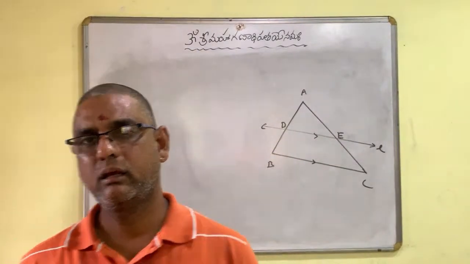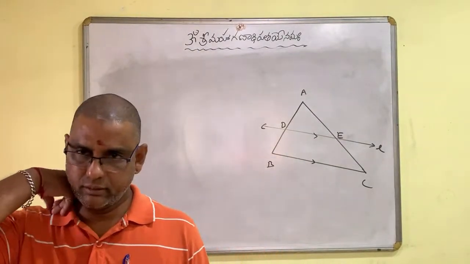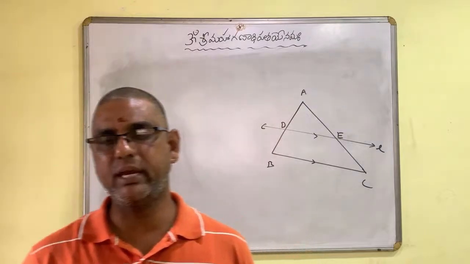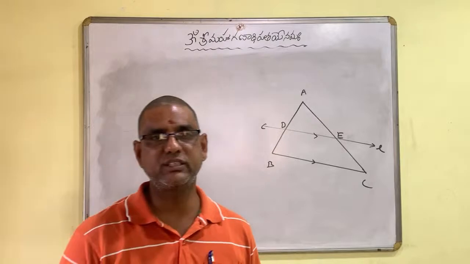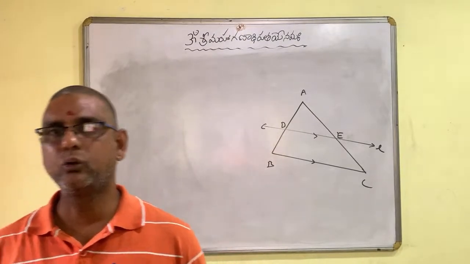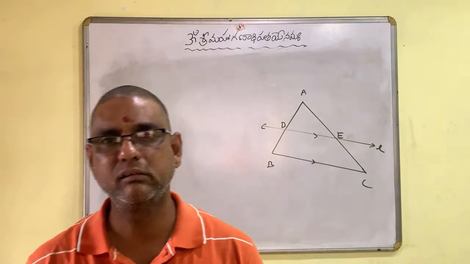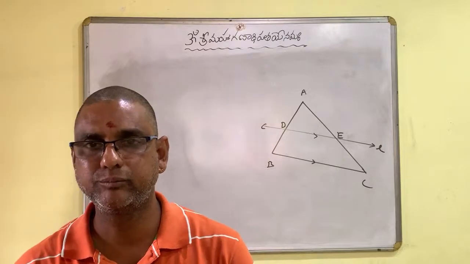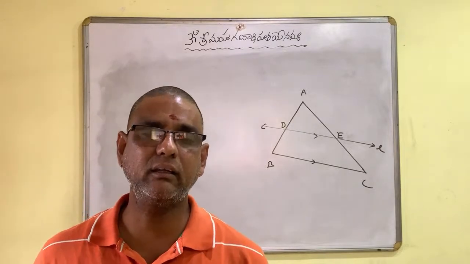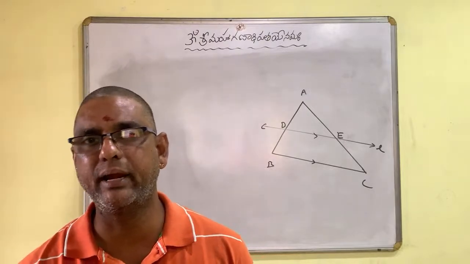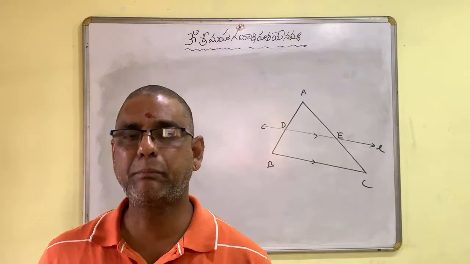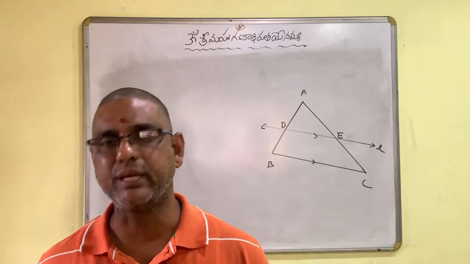Once again, listen carefully. There is a triangle ABC and there is a line L which is intersecting two sides of the triangle at D and E. Not only that, line L is not only intersecting AB and AC, it is parallel to the third side BC.